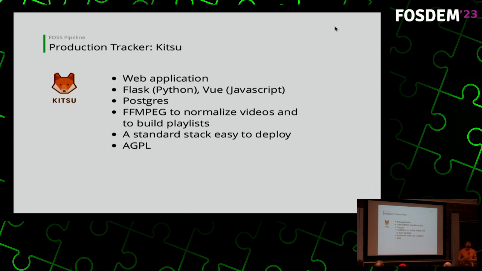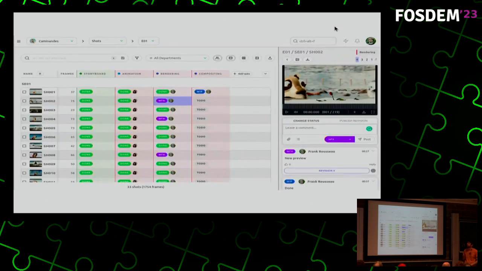I hope that for future FOSDEM editions, we will be able to talk more about how we manage everything and show you that we do super cool stuff with it. Currently, we use it in a very simple way. And we chose a very standard stack to ensure that everyone can contribute and can deploy the application very easily if they don't want to use our services. And it's licensed under AGPL.